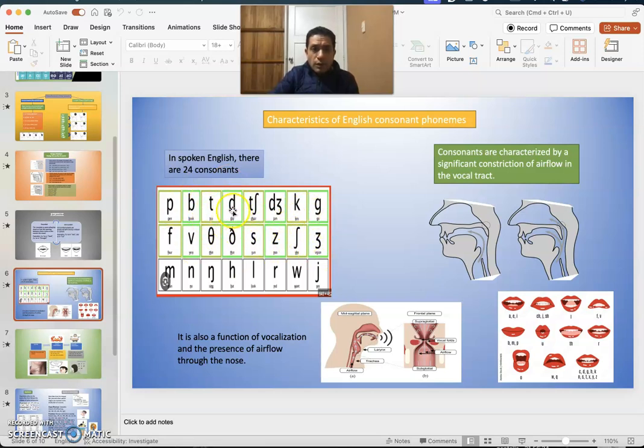They are characterized by a significant constriction of airflow in the vocal tract. As you can see in the graphics, it is also a function of vocalization and the presence of airflow through the nose.